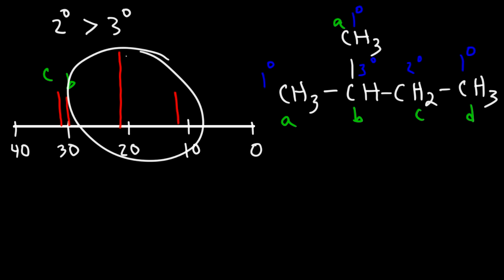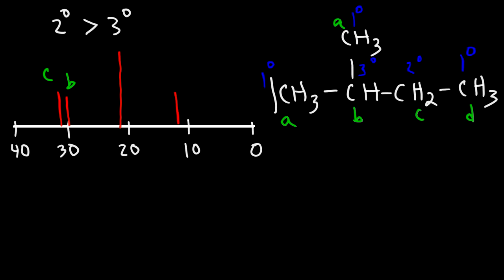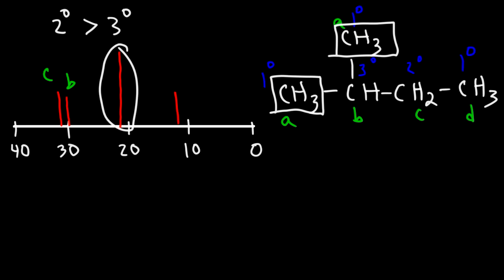Now, the remaining 2 signals have to represent the 2 different primary carbons, carbon A and carbon D. But which one? There's a way that you can tell the difference between the 2. Notice that there are 2 carbon atoms that correspond to signal A. So we should expect that the peak should be taller, which we do see: this peak is taller than the rest.